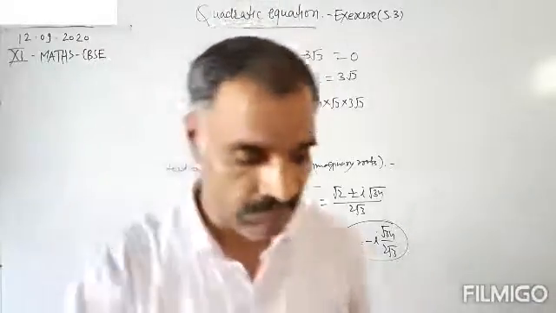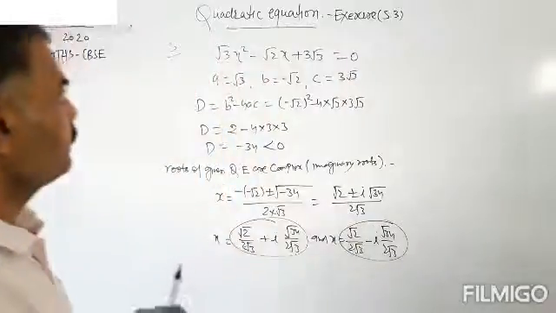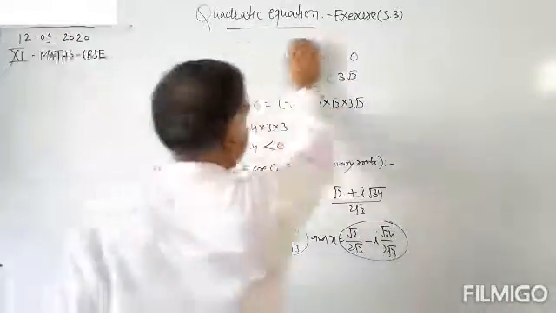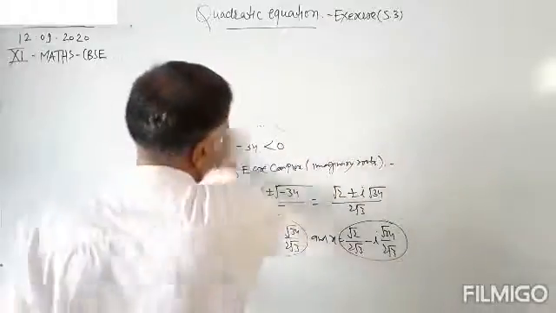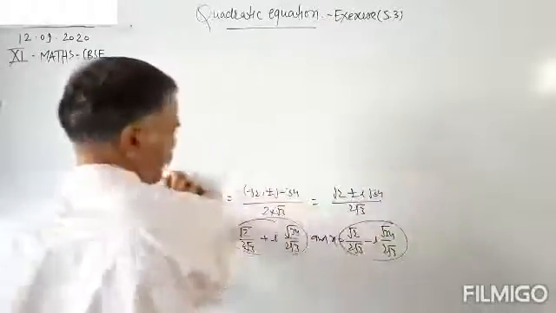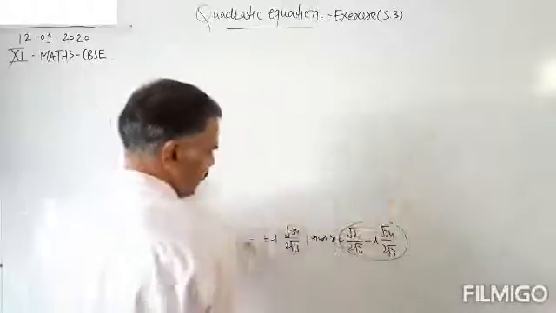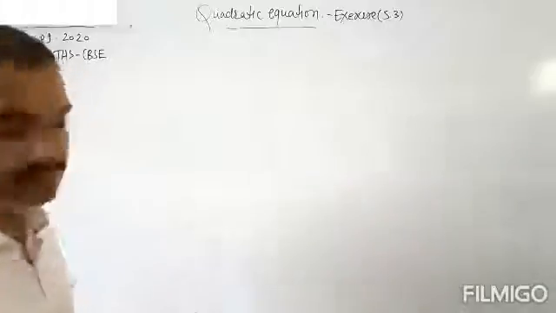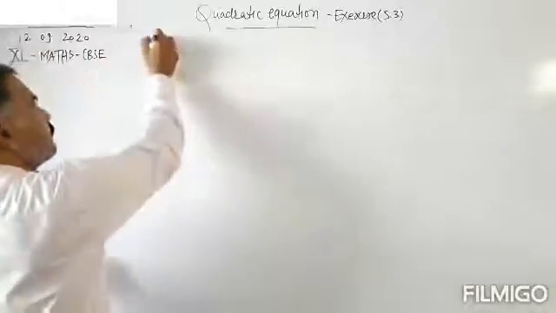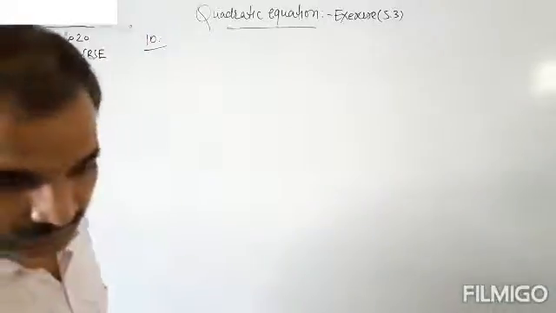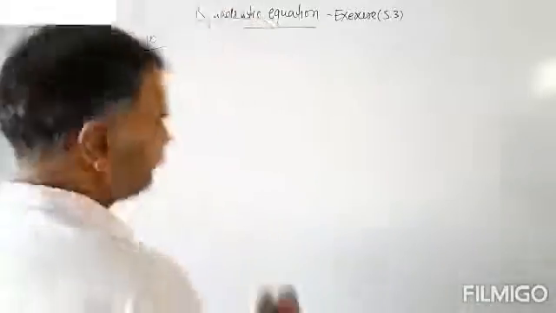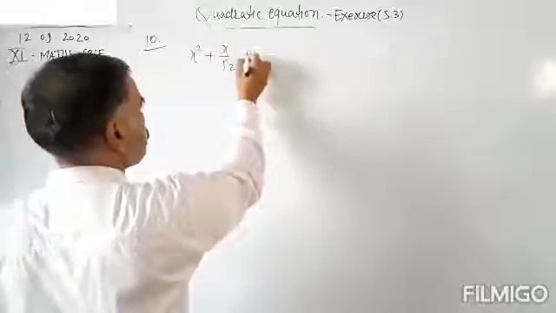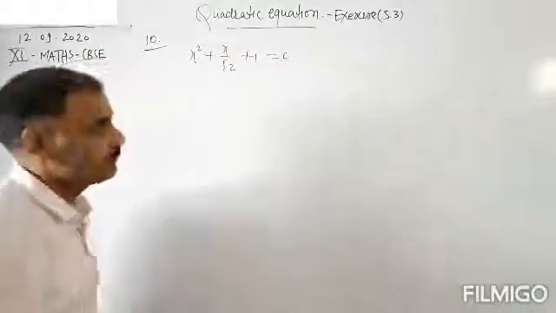Okay, we will solve question number 10. This was question number 8. Now question number 10 of exercise 5.3: x² + x/√2 + 1 = 0.